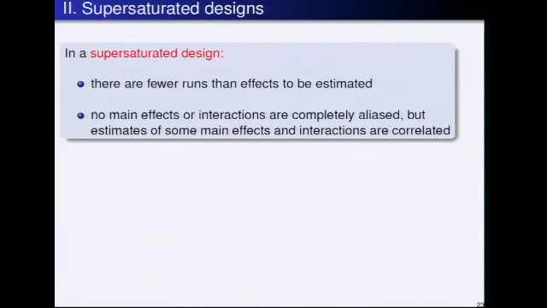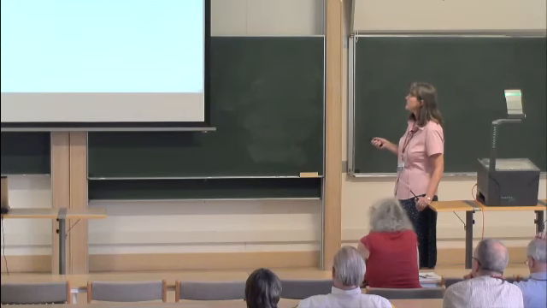For those of you who don't know what supersaturated designs are, I haven't actually put up an example. I think several other people have talked about supersaturated designs already, but in these you have fewer runs than effects to be estimated. Nothing is completely aliased. In fact, some main effects and interactions are actually independent of each other, but others are correlated.